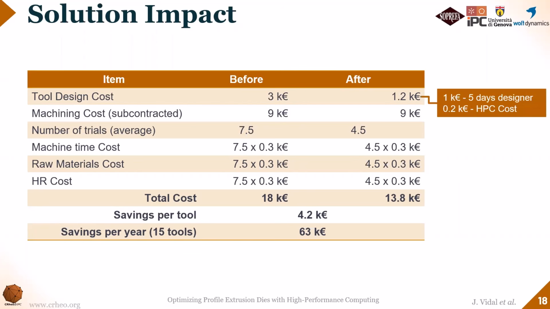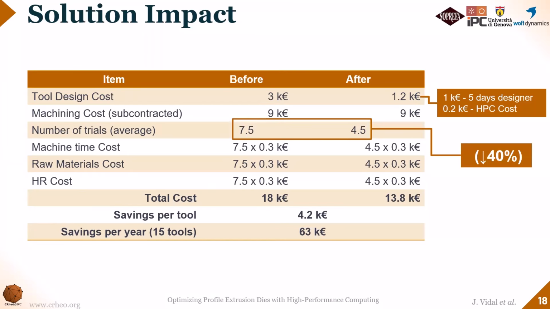Before, the company had everything subcontracted. Right now they can design their own tools, and this is the cost of the HPC calculation. That is already a reduction in terms of trials, and they have more control of the process. They don't have to share the information with external entities.